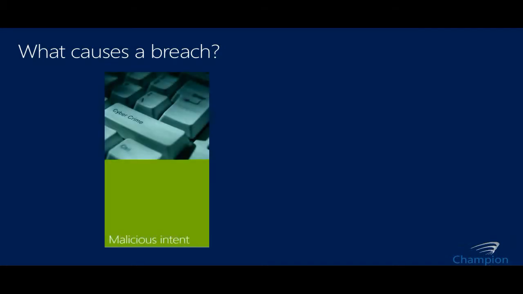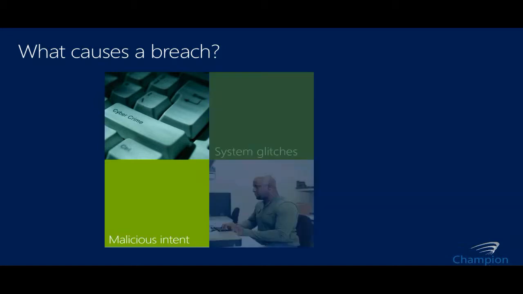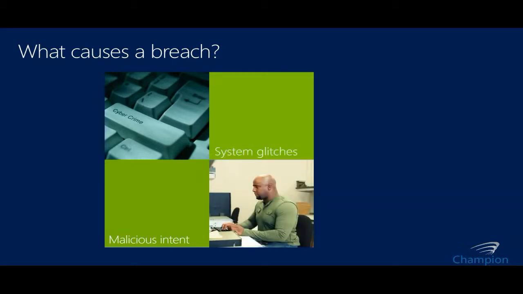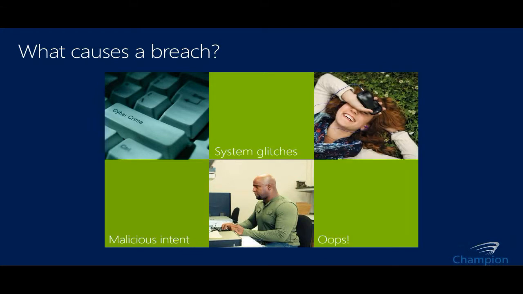There are three main reasons why information leaves your corporation. Number one, you've got cybercrime. You've got people that are trying to get to your data, either through malware or a bunch of different ways, to take advantage of your corporation and get the data out of it. You also have some system glitches, things that just happen, for example a firewall port that was left open, or some reason that a system didn't catch some of the information.